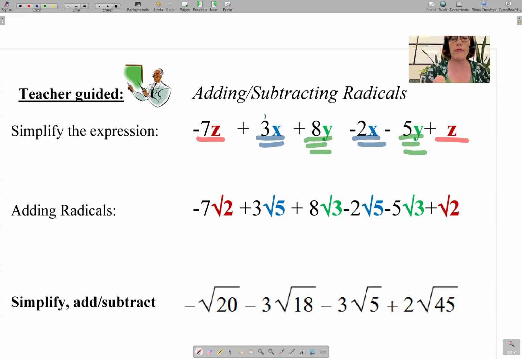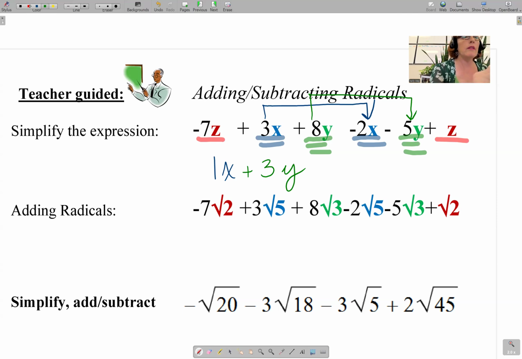So I essentially have 3 minus 2 here. So that's going to be 1x. And the y's, 8 minus 5. That's going to be positive 3y. And then here I have negative 7 plus basically 1z. So negative 7, I'm down 7 below ground, and I go up 1, I'm still negative, so it's going to be minus 6z. And we are done.